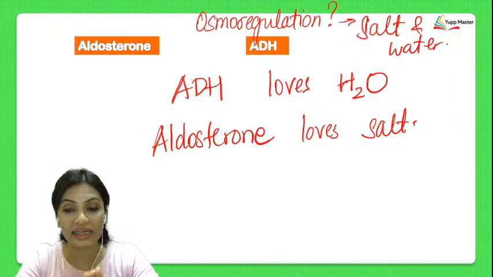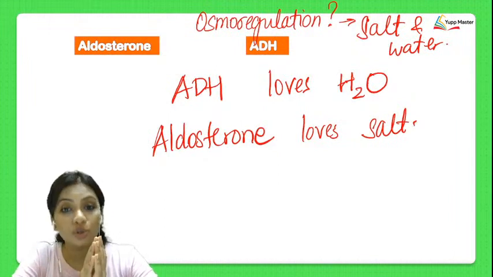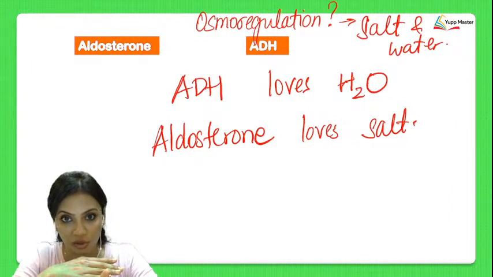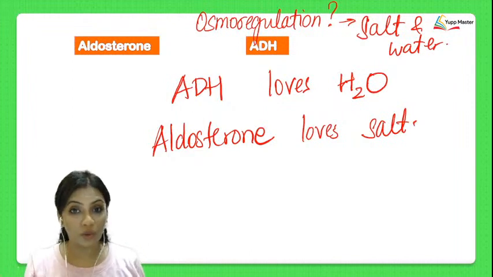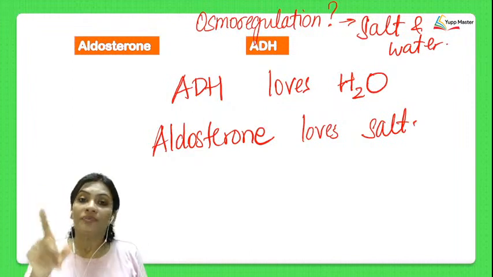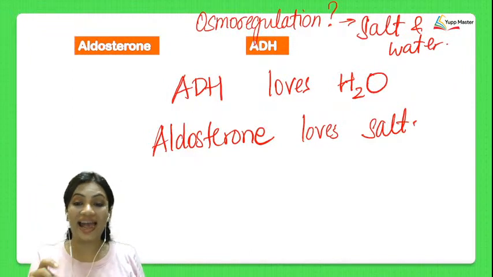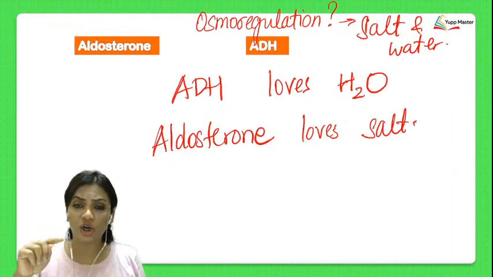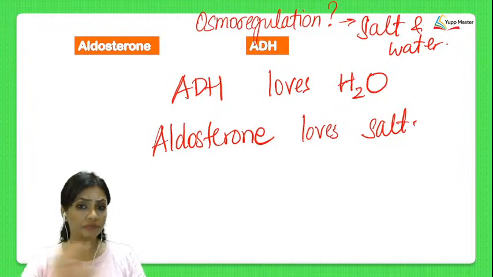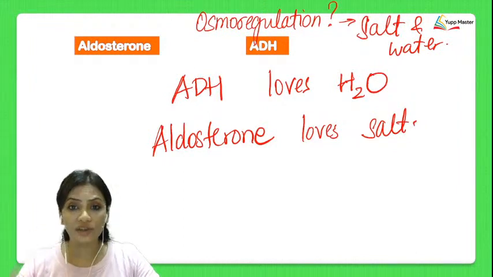So if ADH loves water, do you think that ADH will let water go out of the body? No, it won't. It will make sure that water stays in the body. And if aldosterone loves salt, do you think that aldosterone will let salt go out of the body? Not at all. It is going to make sure that salt stays in the body.